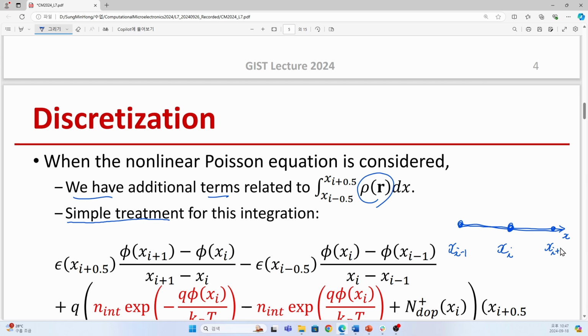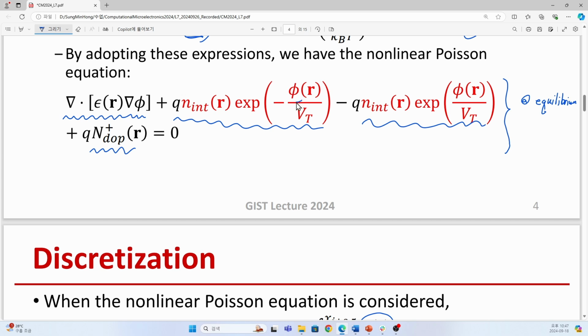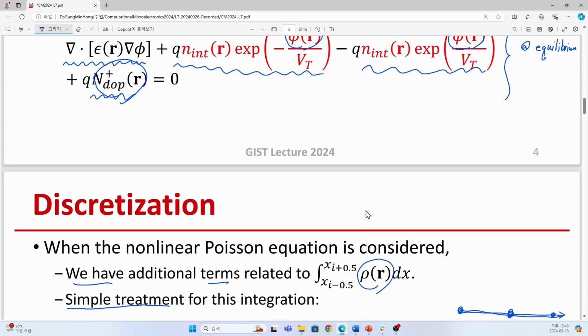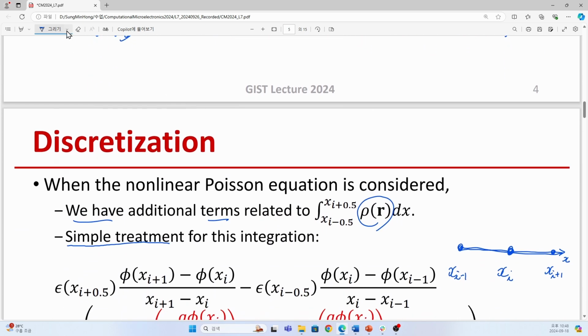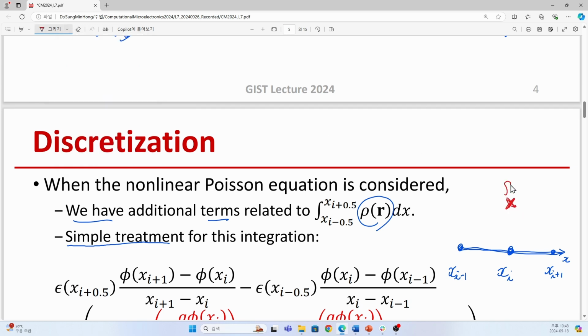And now, using certain information like the potential defined at the x sub i position and the doping density defined at that position, what we can do is, at least, the charge density at this x sub i position can be calculated.